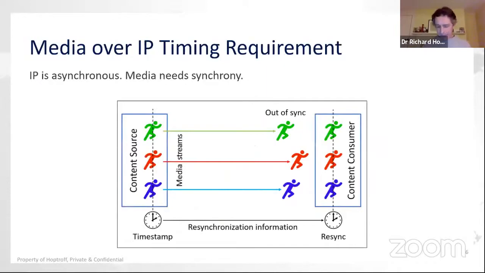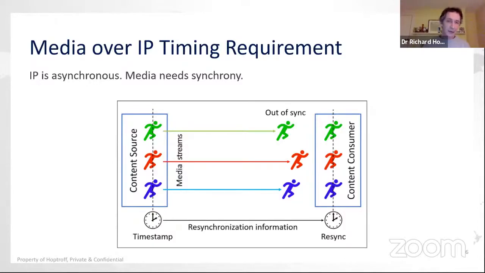So why do we need synchronization in IP media? Well, previously we had SDI, which, as Bruce said, has its own timing built in. When we're sending video content and audio content over IP, it is asynchronous.